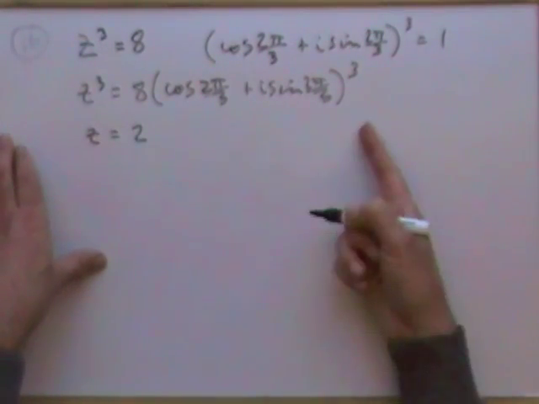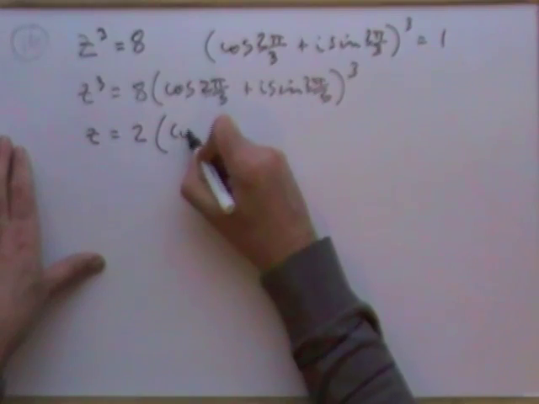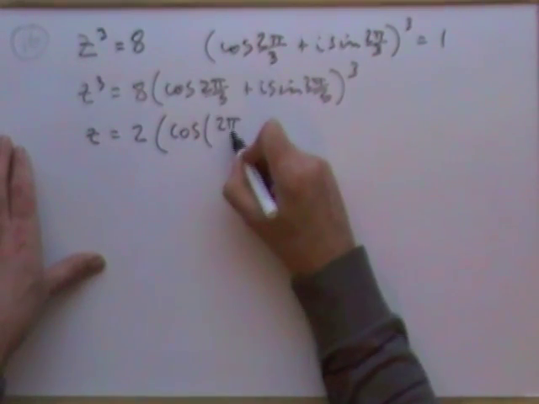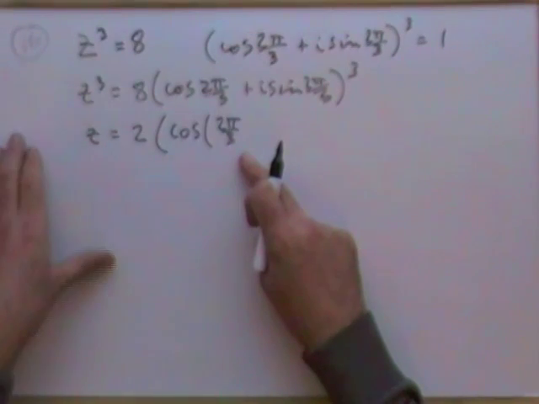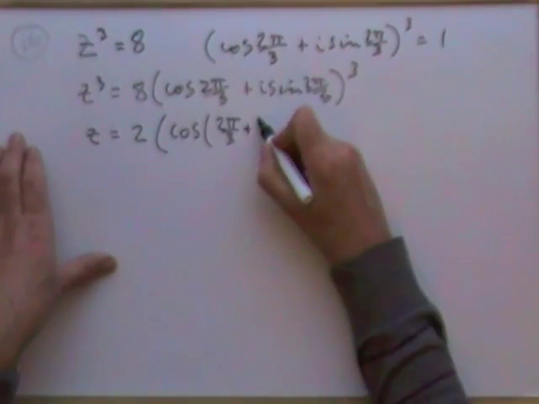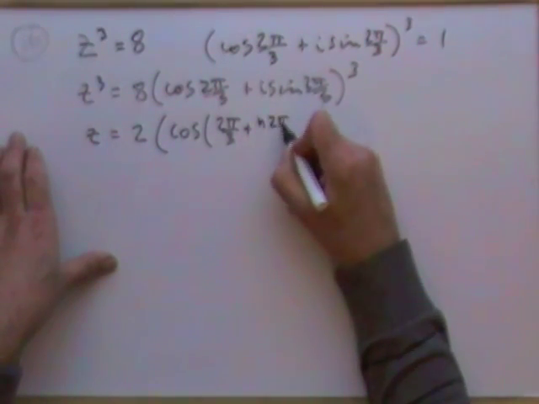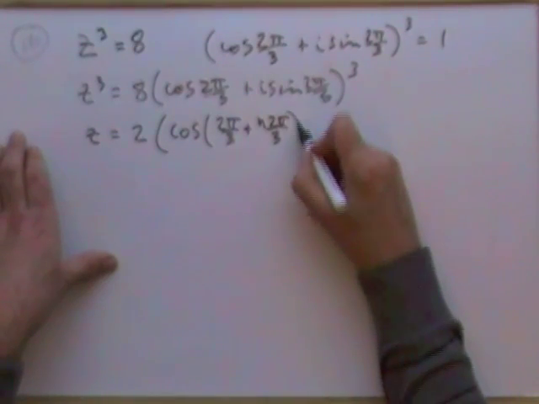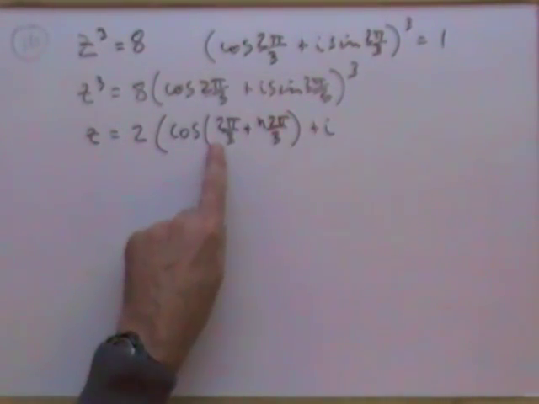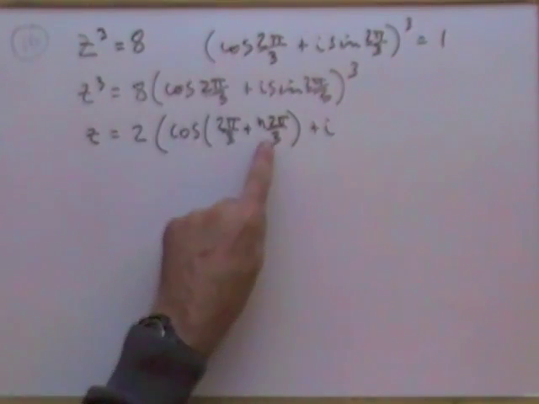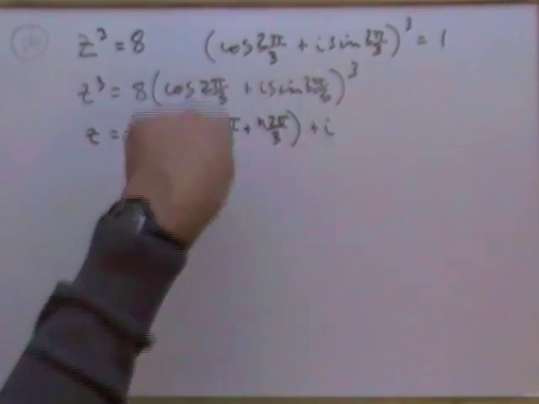Cube root of that is just that expression. But you've got the cos of 2 pi upon 3. Now, when it's cubed, to come back to this, if you were to add on any number you like of 2 pi upon 3's, then when you cube it, this will get multiplied by 3 just to produce rotations of 2 pi.